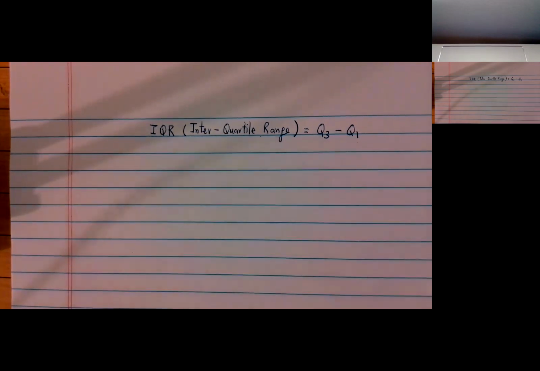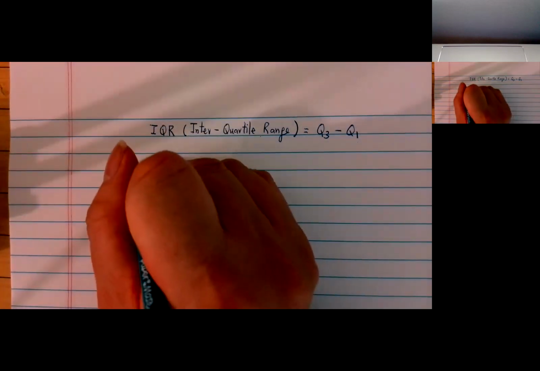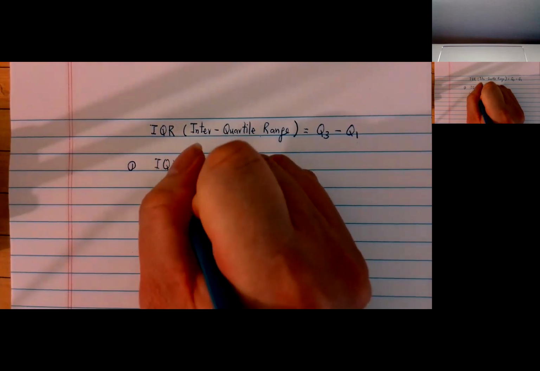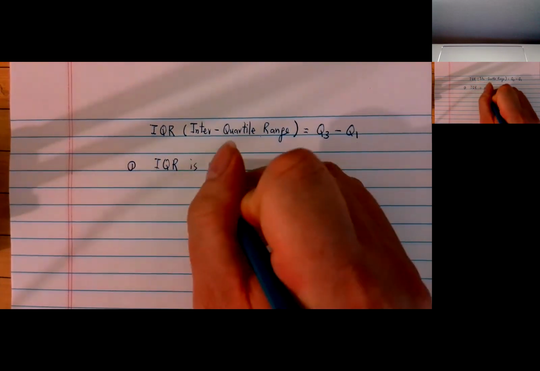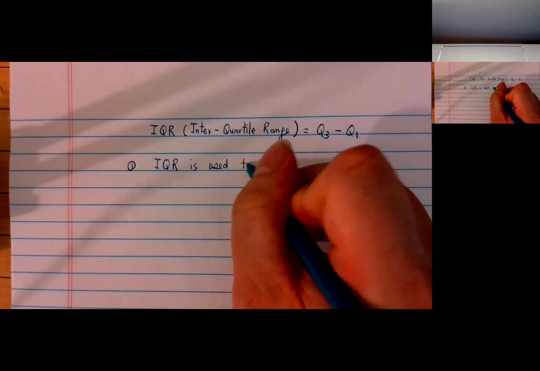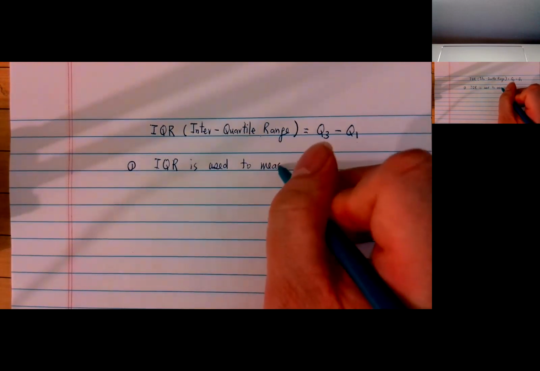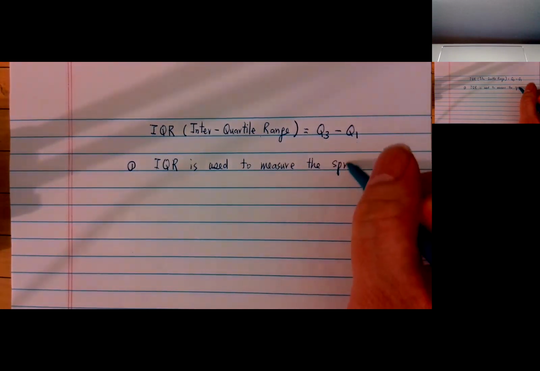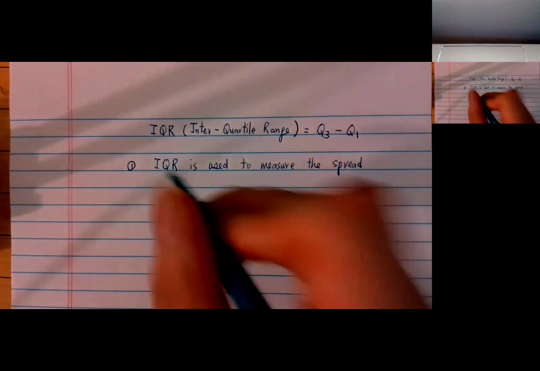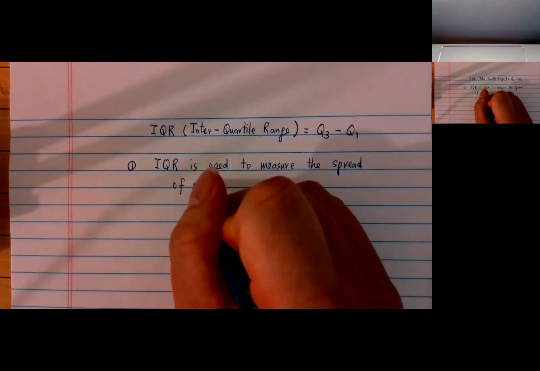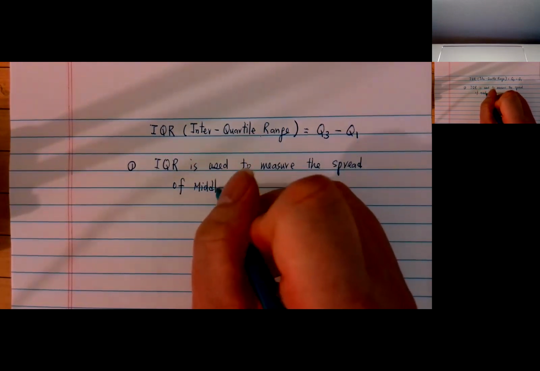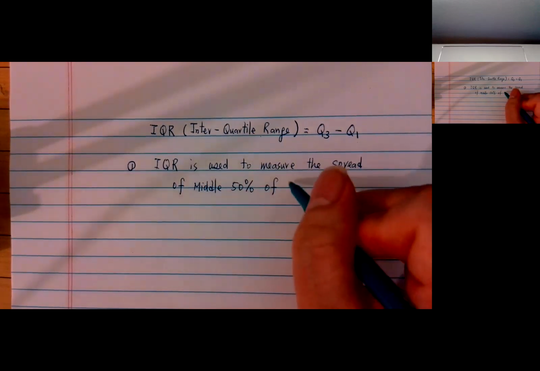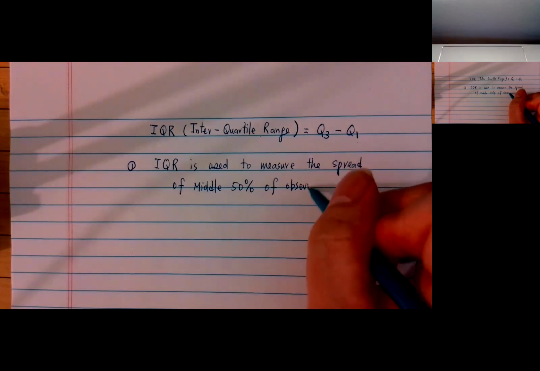And why is this number important? Well, because it has two purposes. One, IQR is used to measure the dispersion, or you say the spread, of the middle 50% of observations.